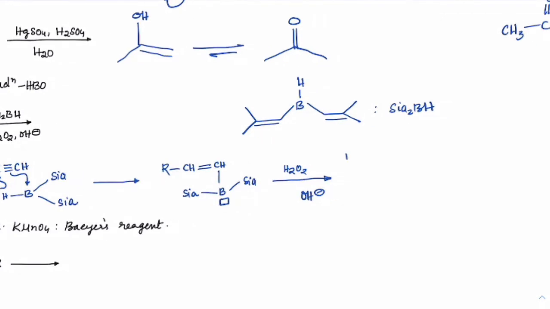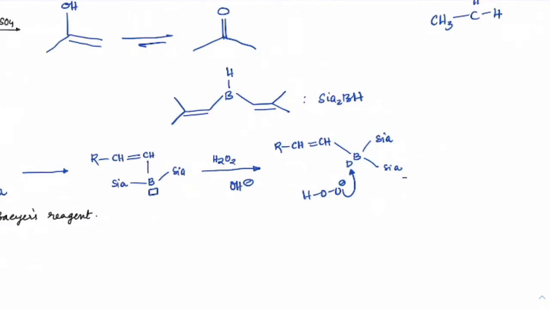So you can see this is forming R CH double bond CH with B and Sia here, with HOO minus attacking the empty orbital of boron.